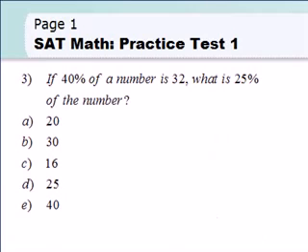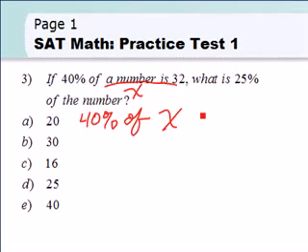Problem number 3. If 40% of a number is 32, what is 25% of the number? Alright, let's write the notation for that. So 40% of a number. I'm going to call that number x. 40% of x is equal to 32.